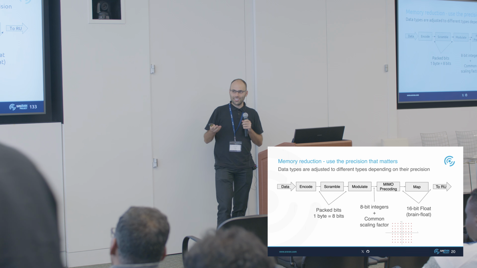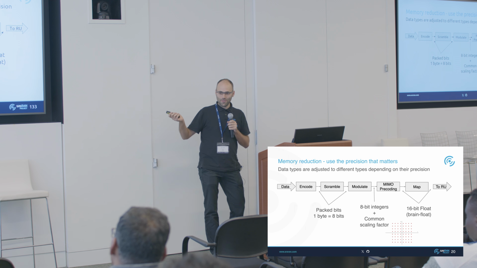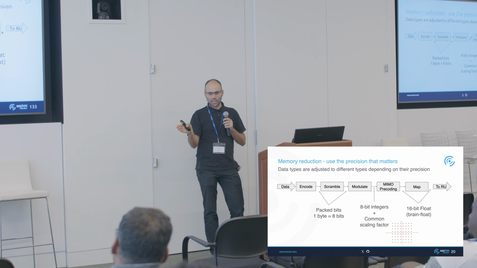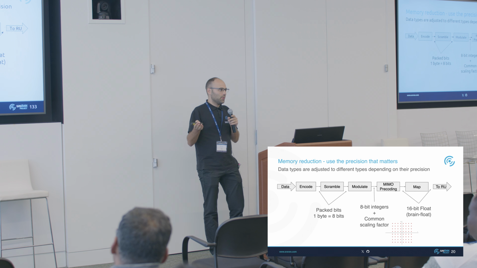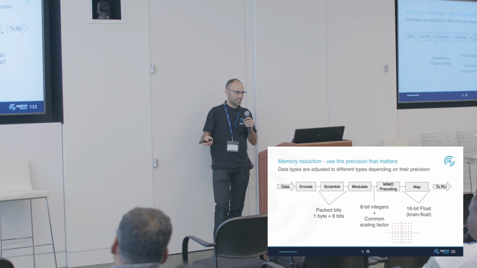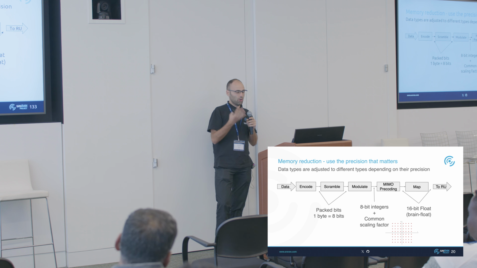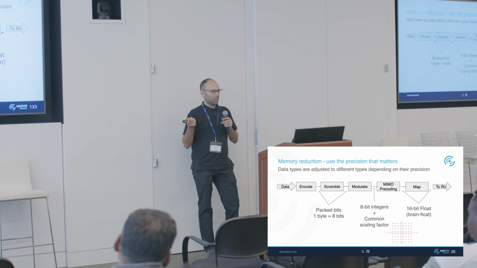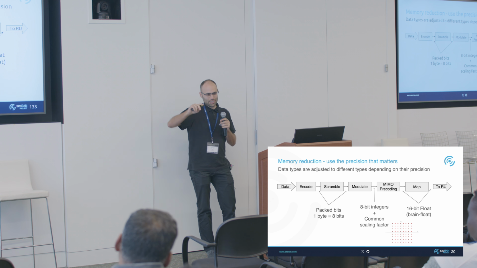Well, what else? Our modulator, when we convert from bits to complex symbols, the natural way to do it is using single precision. Single precision means using 4 bytes for each of the real and imaginary parts. But hold on, the modulation is a gray encoding, so it would be enough to use 8 bits for the real, 8 bits for the imaginary, and just a scaling factor.